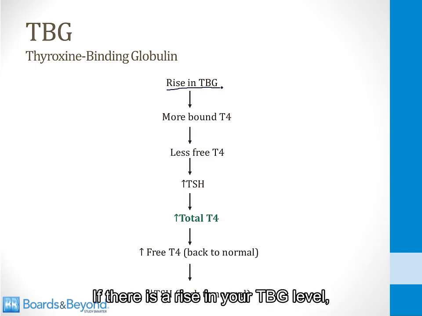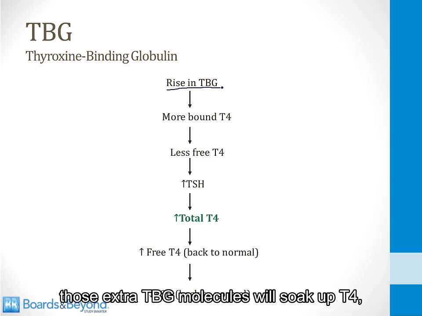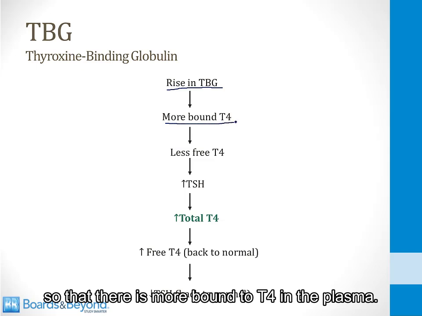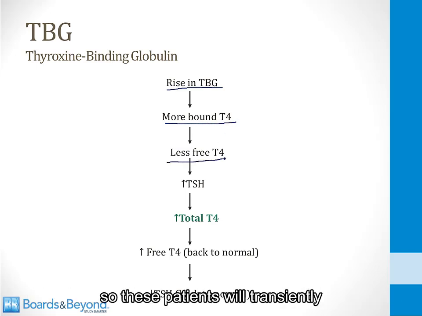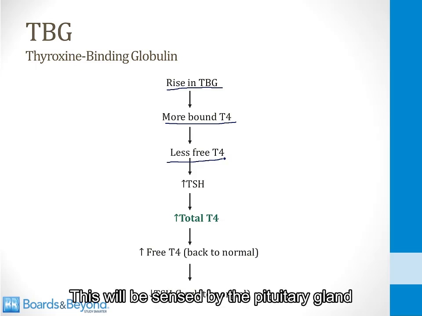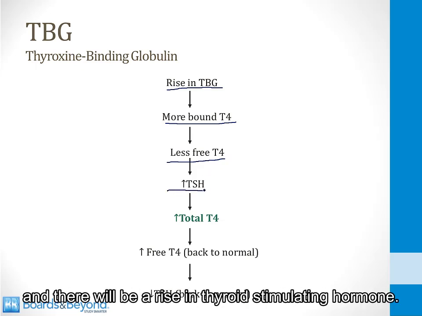If there is a rise in your TBG level, those extra TBG molecules will soak up T4 so that there is more bound T4 in the plasma. This will mean that there is less free T4 in the plasma, so these patients will transiently see a small drop in their T4 level. This will be sensed by the pituitary gland, and there will be a rise in thyroid stimulating hormone.